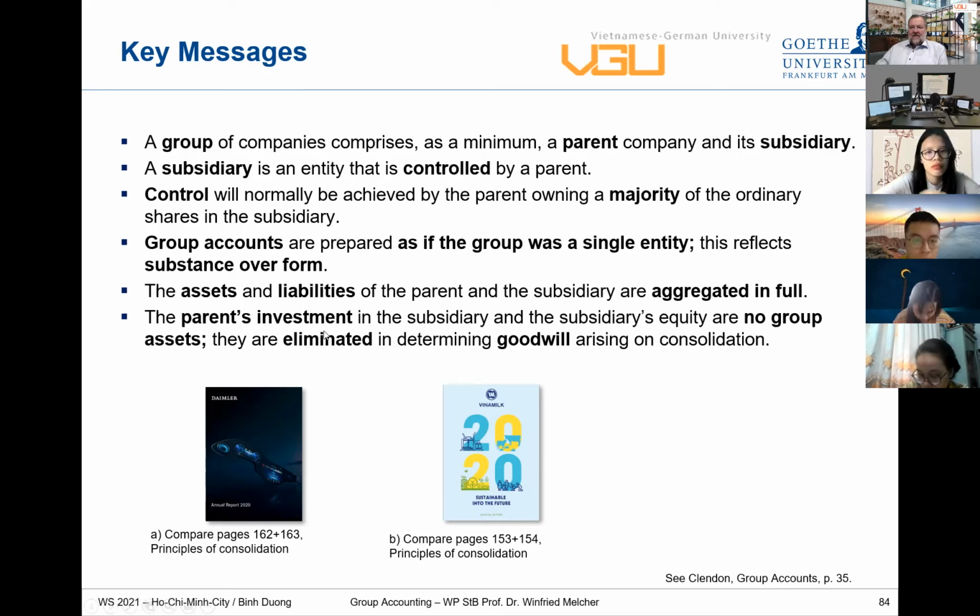And the parent's investment in the subsidiary and the subsidiary's equity are no group assets. So they are not there against the outside world. So they will have to be eliminated. And during that elimination, we will see that goodwill may arise on that consolidation process.